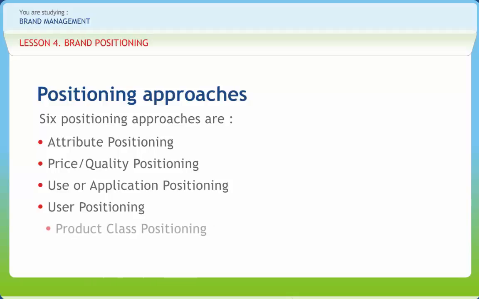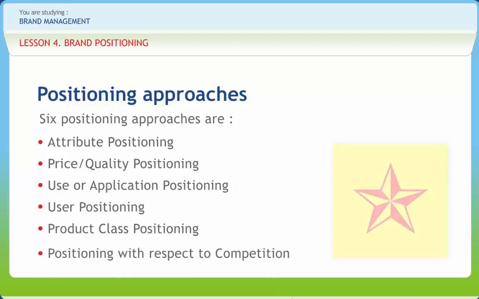Fifth is product class positioning. Some marketers position their brand with respect to a product class by developing class-related associations. Sixth is positioning with respect to competition. This strategy involves making direct or indirect reference of competition. This allows the brand to exploit the competitor's image.